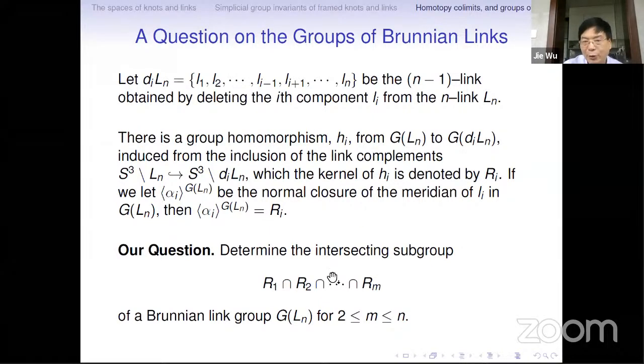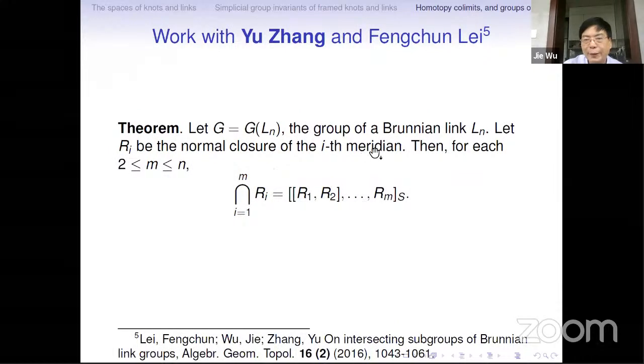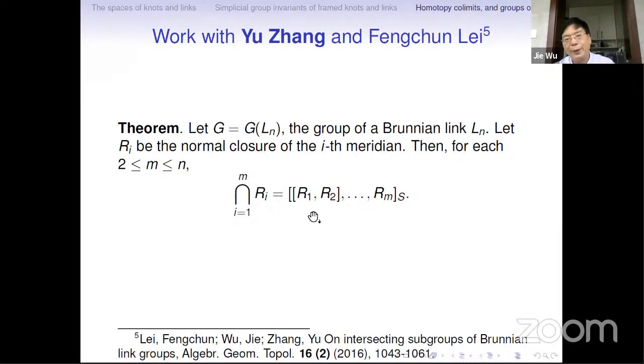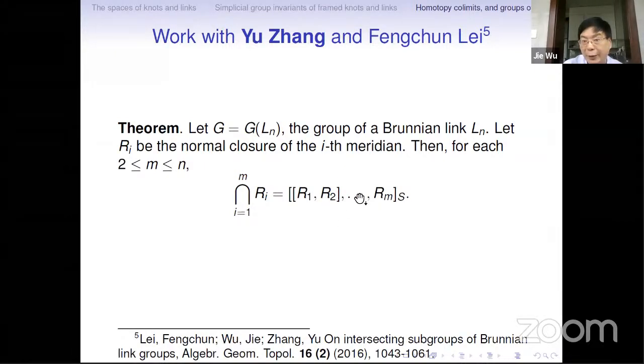Okay, so now you can look at some subgroup, the intersection subgroup. And this intersection subgroup we can actually determine for Brunnian links. The answer is that this intersection is exactly equal to the symmetric commutator subgroup. So let me explain a bit about the symmetric commutator. First of all, R1 is the normal closure of the first meridian, R2 is the normal closure of the second meridian, and so on and so on.